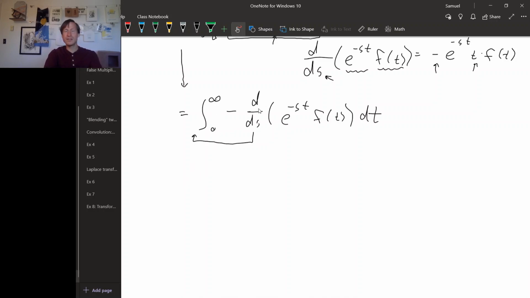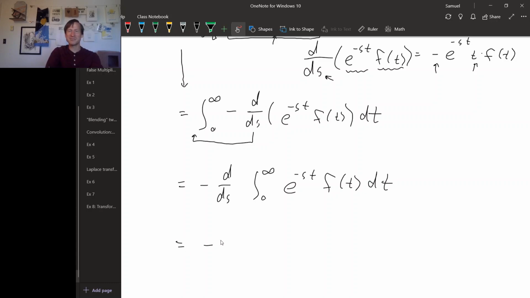So we can move this derivative and this minus sign outside of the integral, and that gives us negative derivative with respect to s of the integral from 0 to infinity of e to the minus st f of t dt. But now this integral is just the Laplace transform of f. So we get minus the derivative with respect to s of the Laplace transform of f.